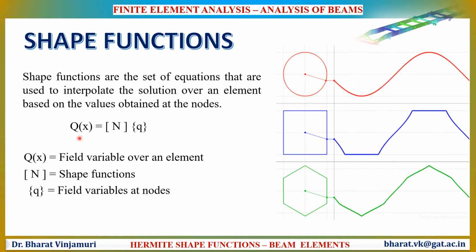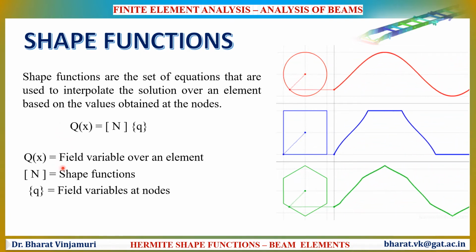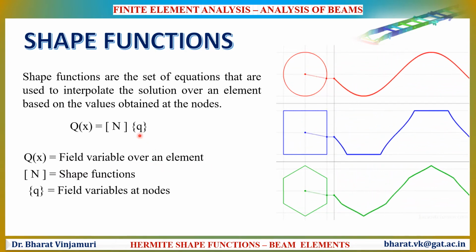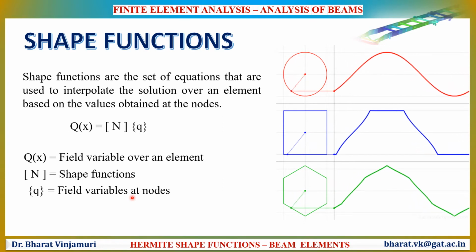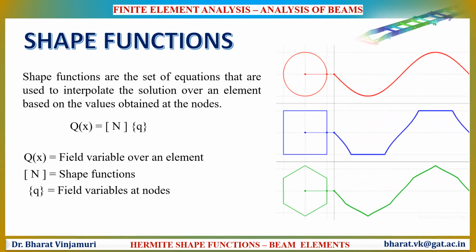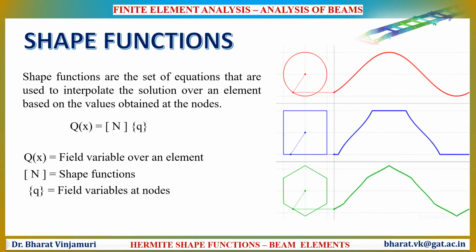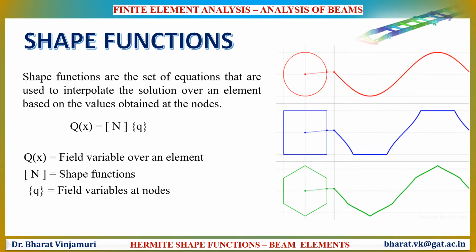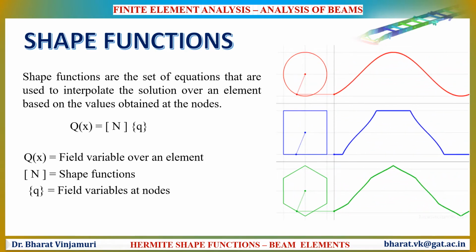In this equation, q of x represents a field variable over an element and small q represents the field variables or the unknowns at the nodes.